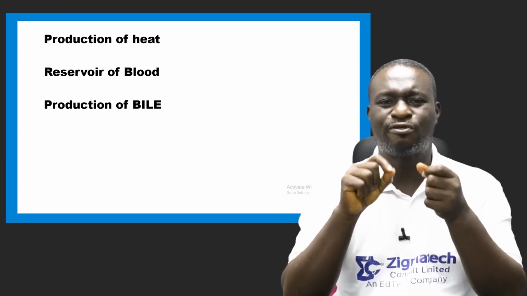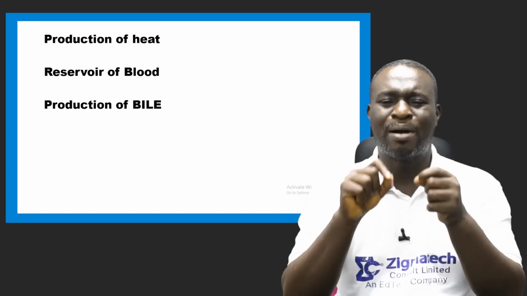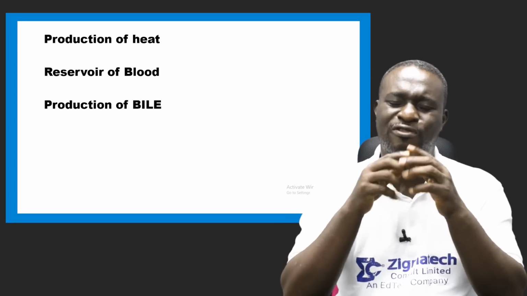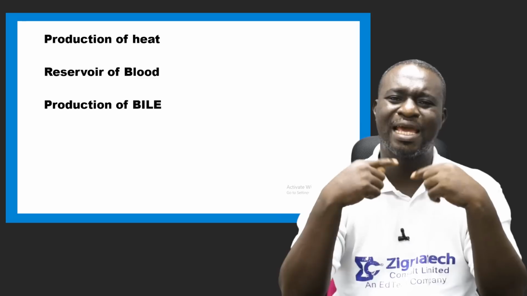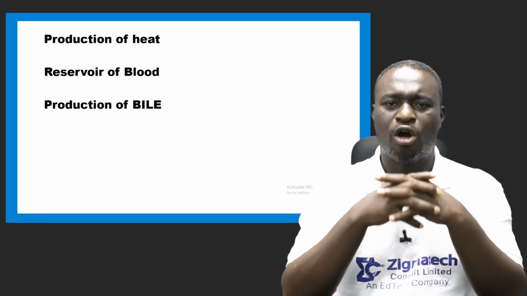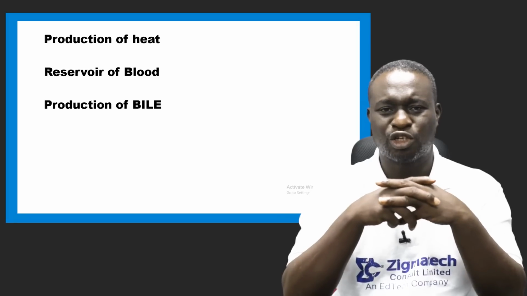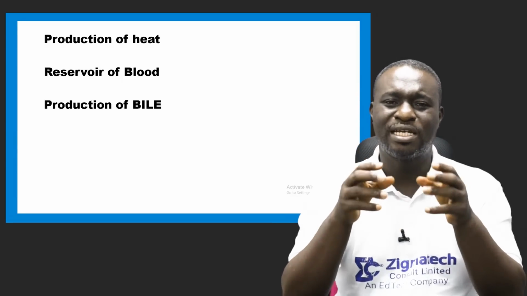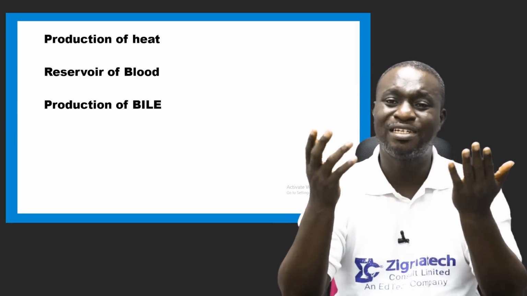Now, what is the function of the bile? The bile helps in the emulsification of fats. And what is emulsification of fats? It is the breaking down of fats into tiny droplets.